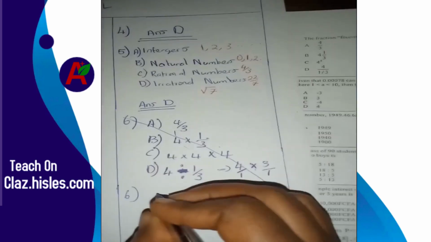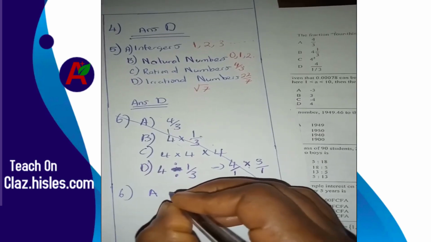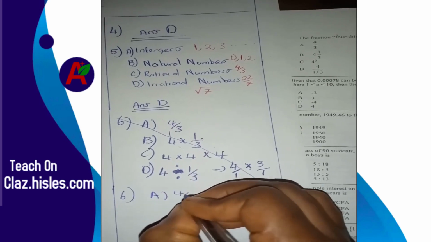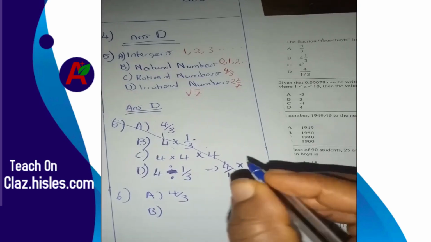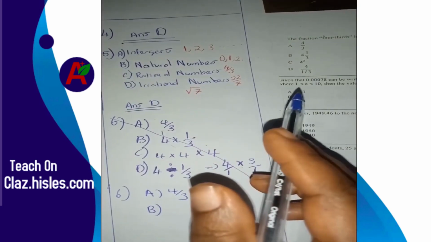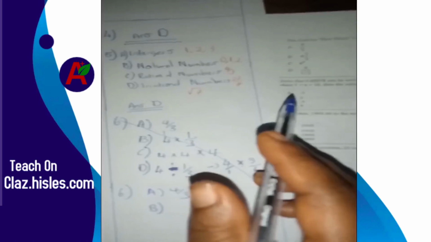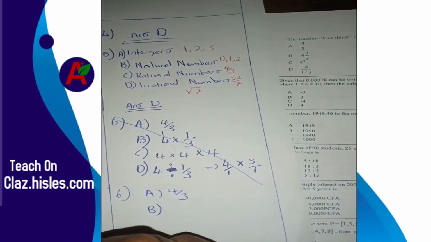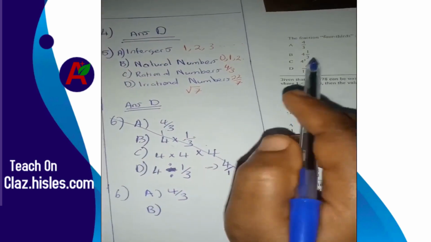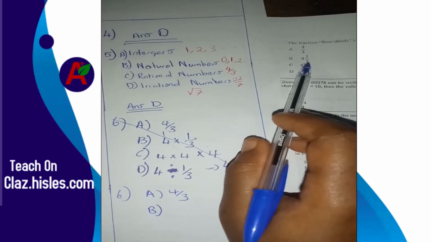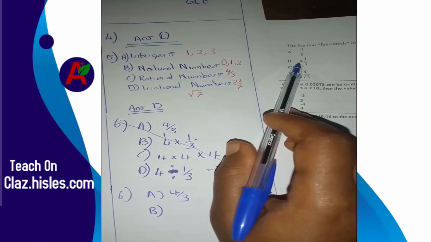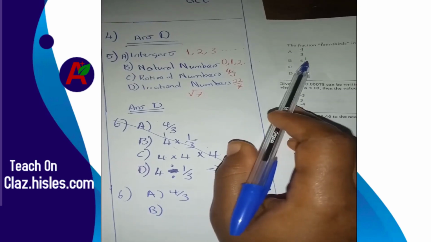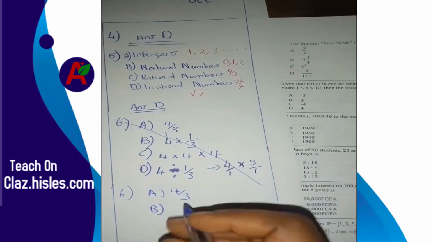For A, we have 4 divided by 3. For B, we have 4 as a whole number and then 1/3 as a fraction. So that is going to be 3 times 4, giving us 12, plus 1, 13 on 3.